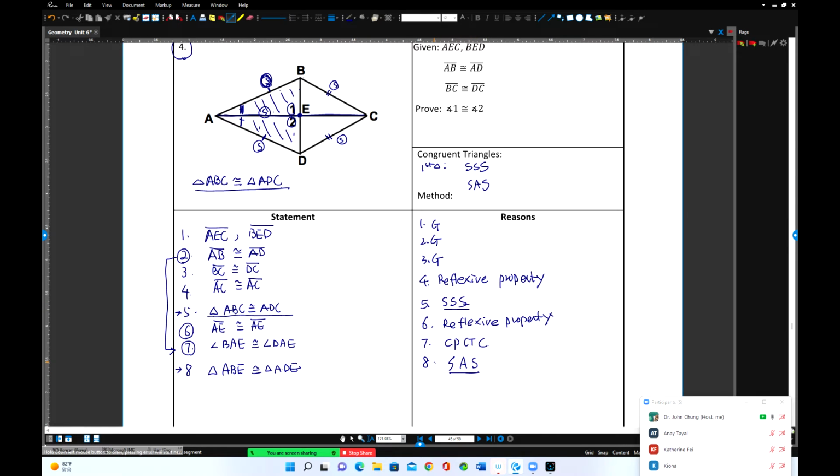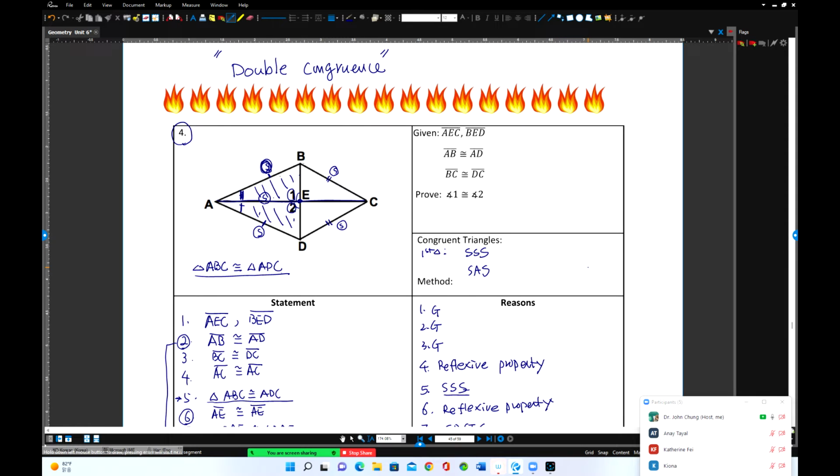Now from these two triangles being congruent, we can say angle 1 and angle 2 are corresponding angles. You can say angle 1 is congruent to angle 2. You need CPCTC one more time. Okay, we're done. You can see that number 5 and number 8, two triangles, are congruent. This we call a double congruence proof. This is a hard one.